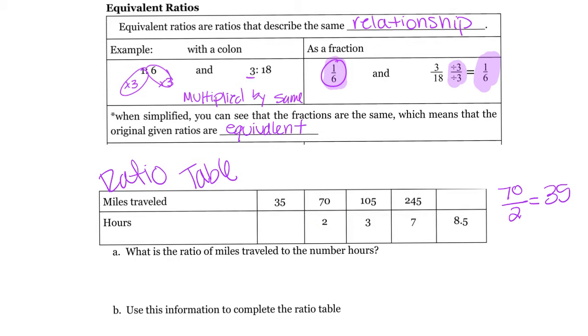So to go from this bottom row to the top row, I'm multiplying by 35. I'm going to do that the same way. From bottom row to top, it's times 35. So to find this square, the number of miles traveled in 8.5 hours, I'm going to take 8.5 times 35.